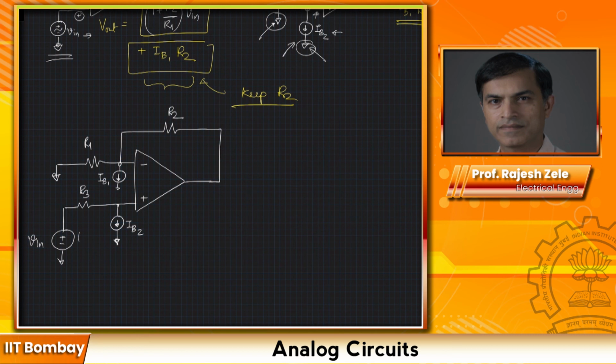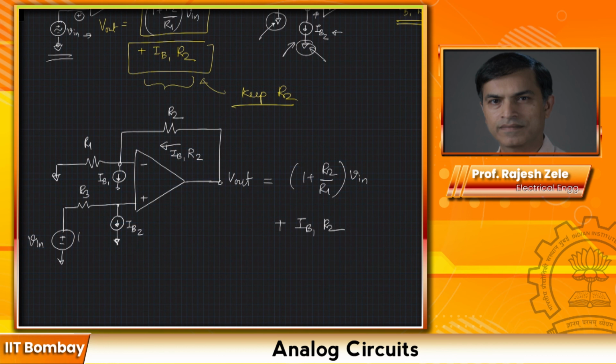So you can quickly prove for yourself that the V out due to V in is identical, 1 plus R2 divided by R1 times V in, and the V out contribution due to IB1 is going to be the same, which is IB1 times R2, same as before.